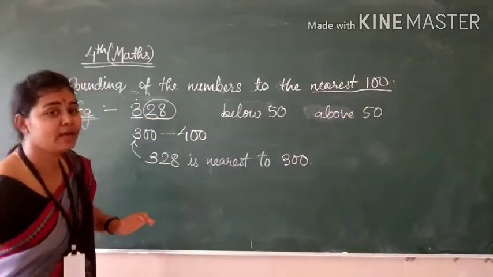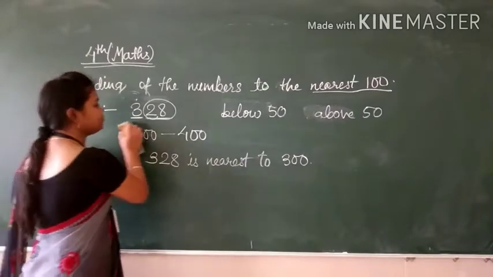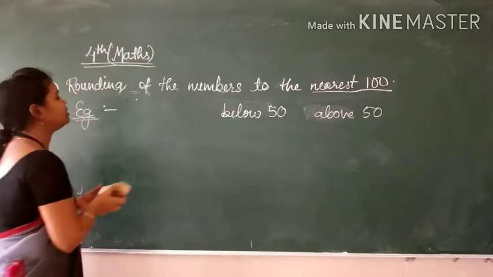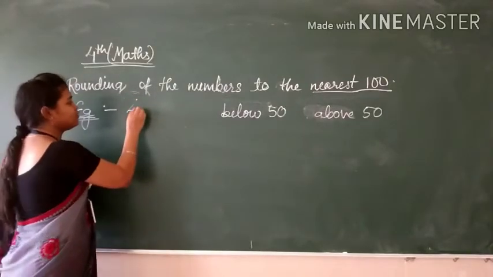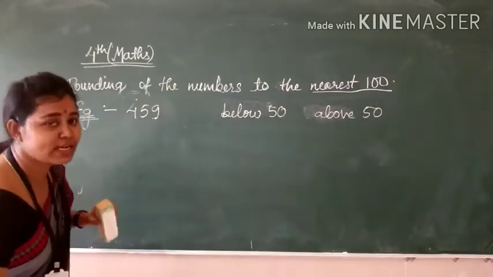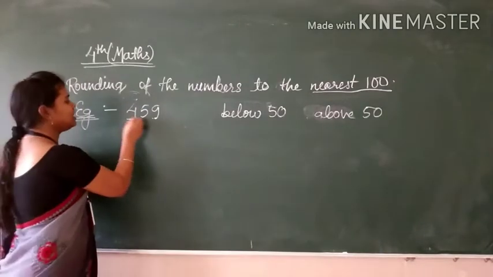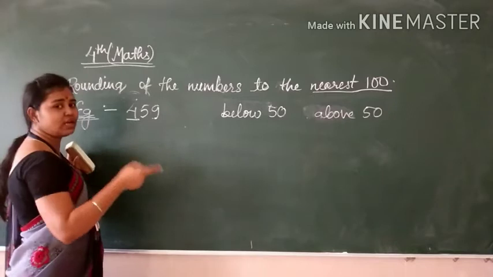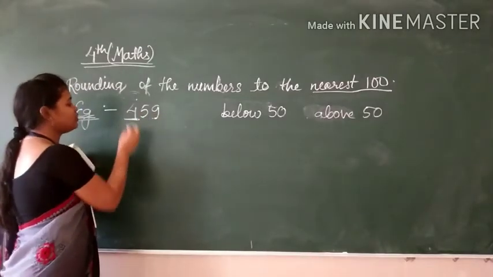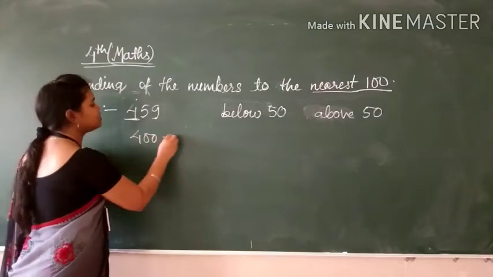At the same time, if I give you a second example, instead of 328, I am taking 459. So see, I have to see for the nearest 100, the hundreds place, ones, tens and 100. This is 4, so I will make the range 400 to 500.